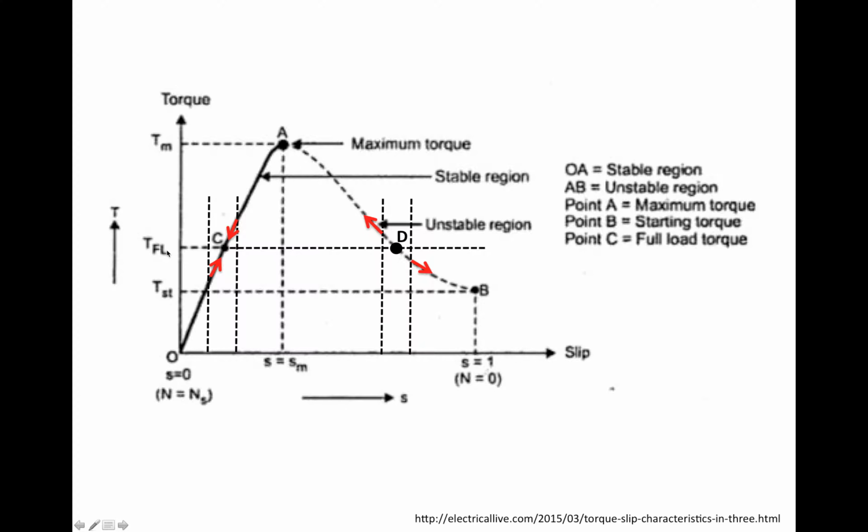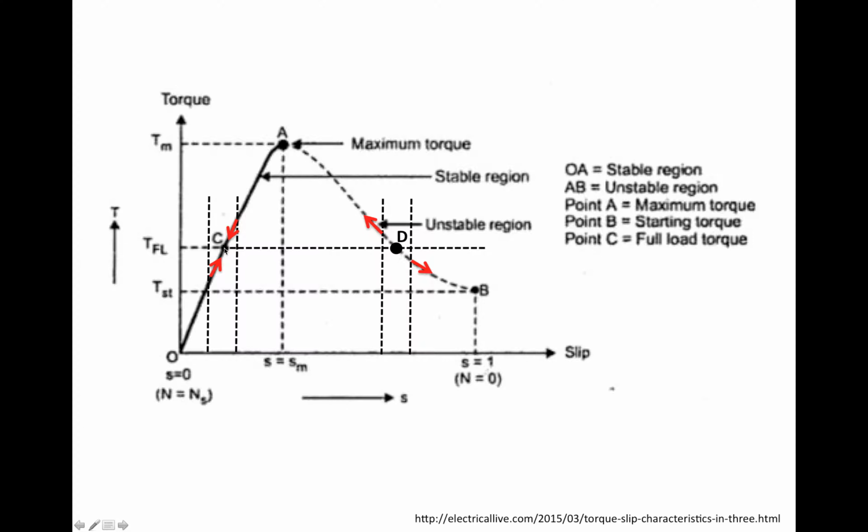Suppose we would like to keep the torque at the level of TFL, the full load torque. Suppose we would like to maintain the torque at this particular level. Then there are two slip values that correspond to this torque value.